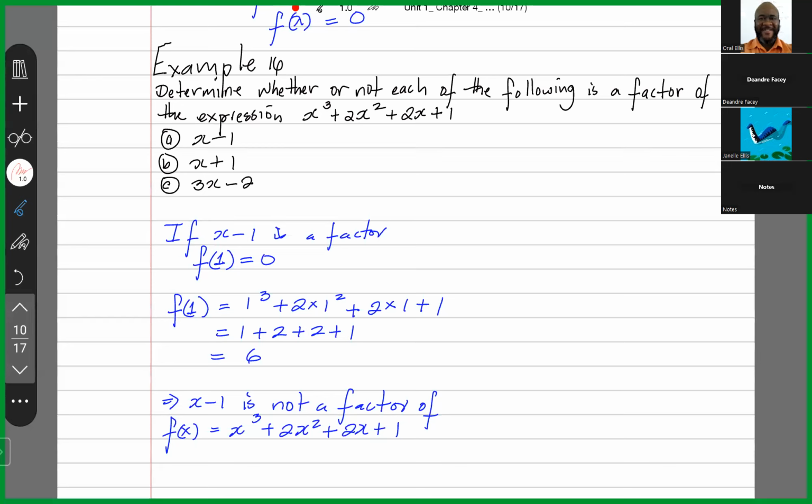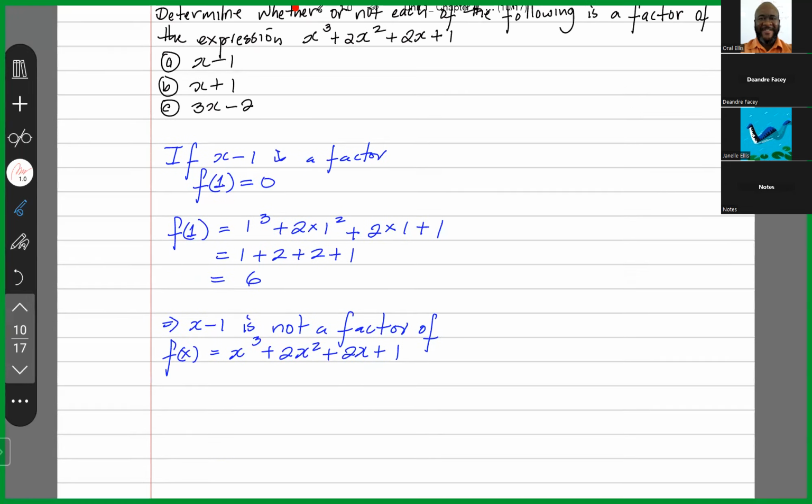All right, so we just saw that x minus 1 is not a factor. So let us test if x plus 1 is a factor. Now, if x plus 1 is a factor, f of minus 1 would be equal to 0.